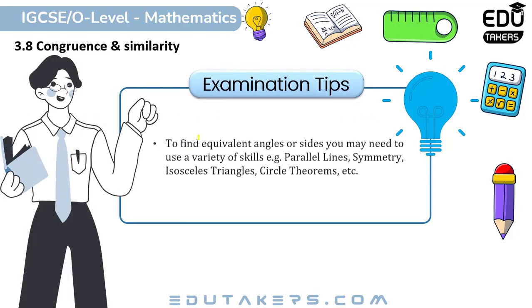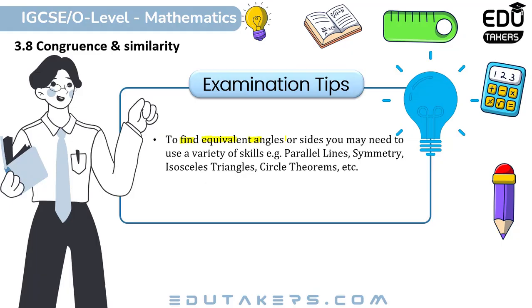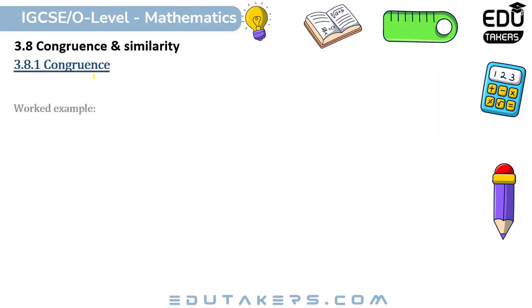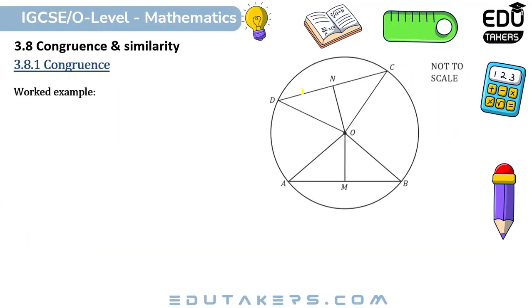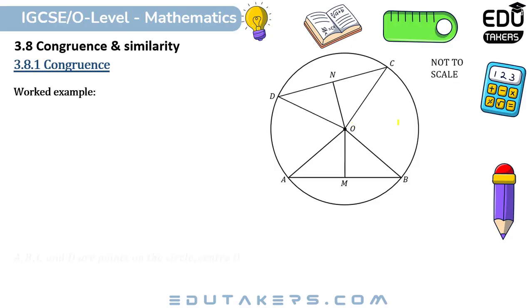Examination tips. To find equivalent angles or sides, you may need to use a variety of skills: parallel lines, symmetry, isosceles triangles, circle theorems, etc. Worked example. A diagram is drawn. A, B, C and D are points on this circle.